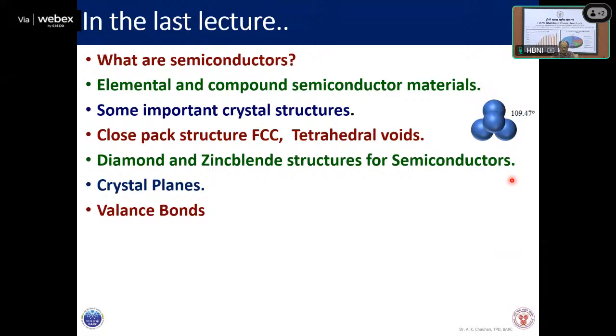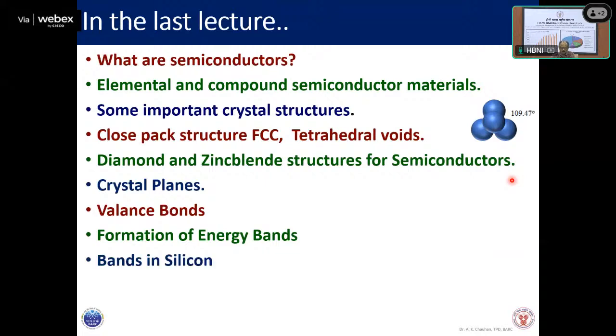Then we learned about the valence bond, which all of us already knew. Then the formation of energy bands: how an atom behaves, and when we bring many atoms together in a crystal, where all the atoms are arranged in a definite fashion, the bands are formed because of the overlapping of the orbitals, or the overlapping of the wave functions of the electrons.